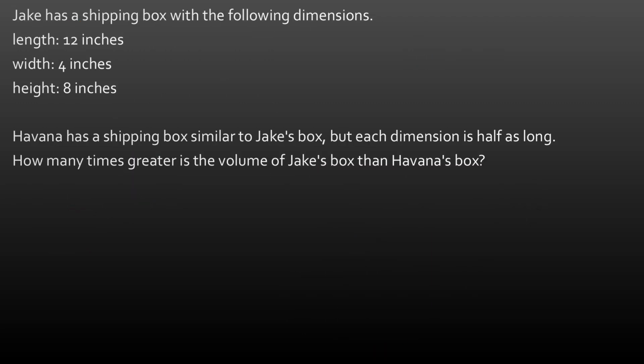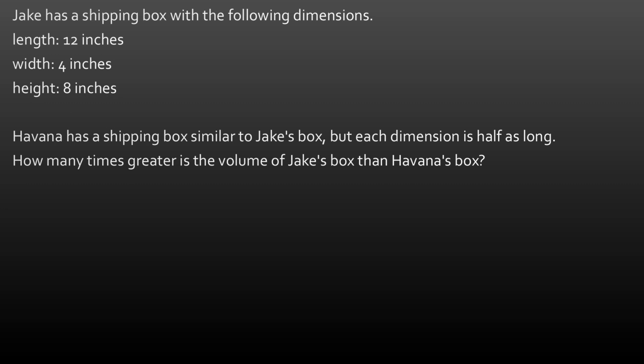All right, last question says that Jake has a shipping box with the following dimensions. Havana's shipping box is similar to Jake's, but each dimension is half as long. How many times greater is the volume of Jake's box than Havana's? So I'm going to set this up the same way I set it up in the surface area video, okay?